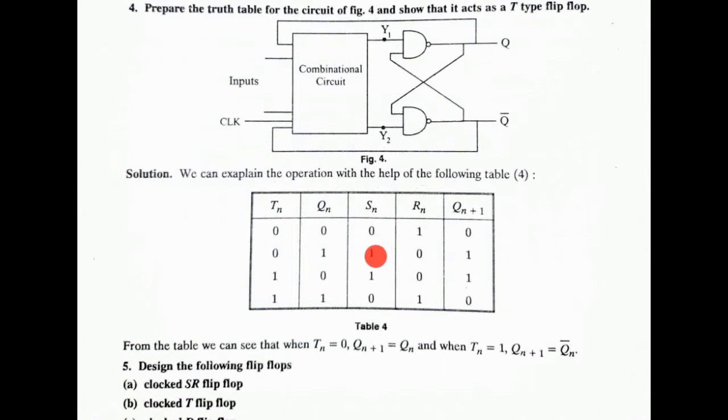In the second, the S input is 1, meaning it is set, the present state is 1, and we get next state 1 when the toggle is 0. When the toggle is 1, then it will change.